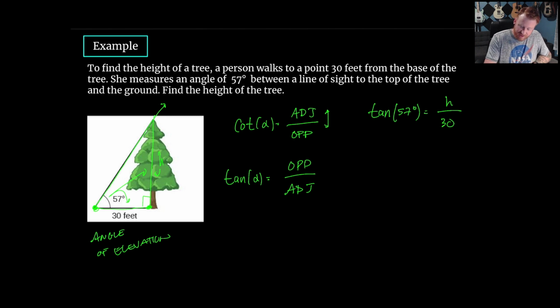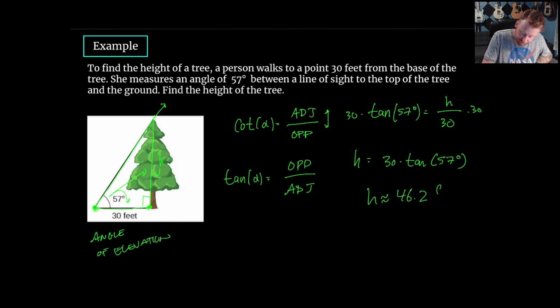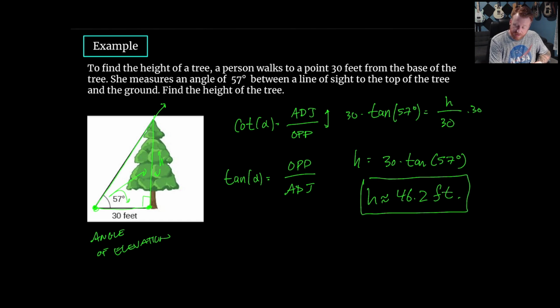So doing a little algebra here, we'll multiply both sides by 30. We get that h is equal to 30 times the tangent of 57 degrees. So we'll put this into our calculator, and we'll see that h is approximately 46.2 feet. So there we go. We are able to tell how tall this tree is.